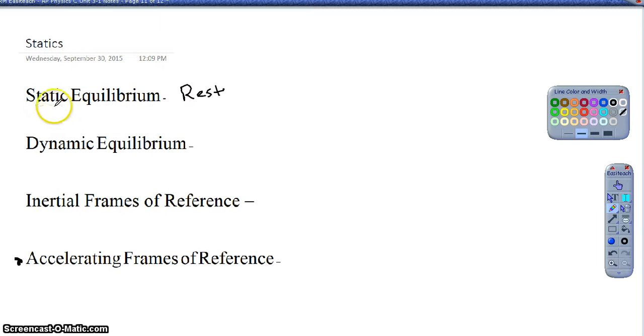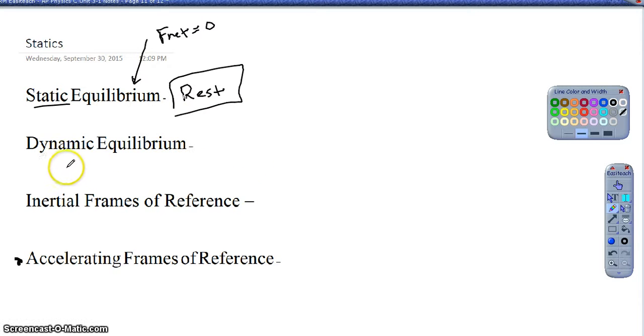Equilibrium in general means that the net force is 0, that there's no acceleration, but static equilibrium means that the object is specifically at rest. Dynamic equilibrium, or dynamics, which you'll see referred to from time to time, is equilibrium with objects that are in motion.